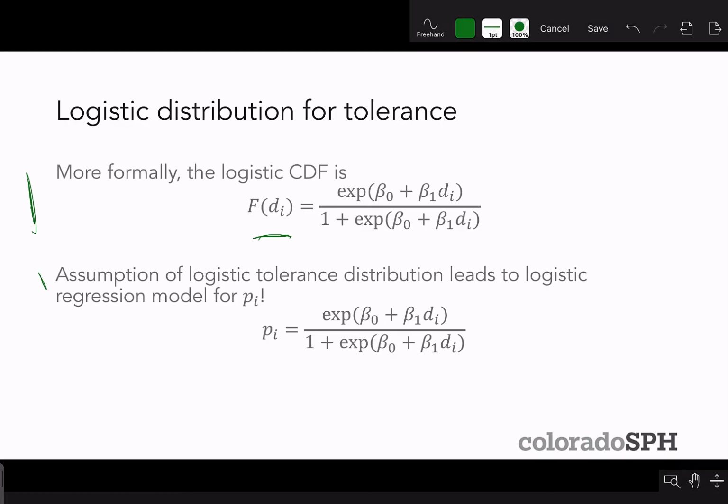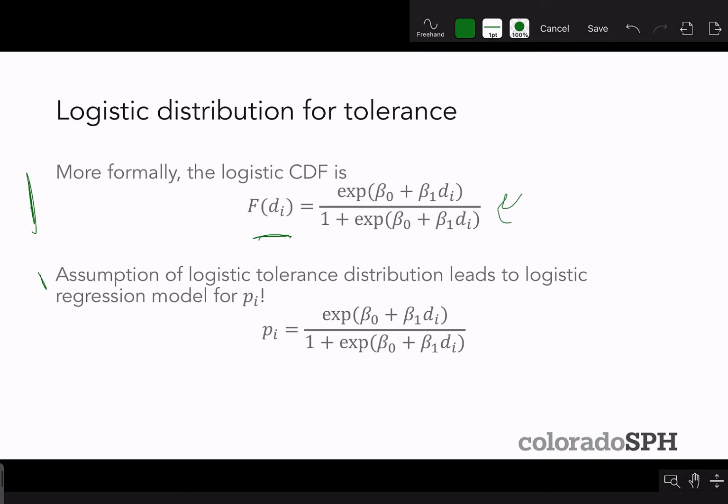because if you assume the logistic tolerance distribution for your data, then this actually leads to a logistic regression model for pi. You see, this looks exactly like the inverse logit link.